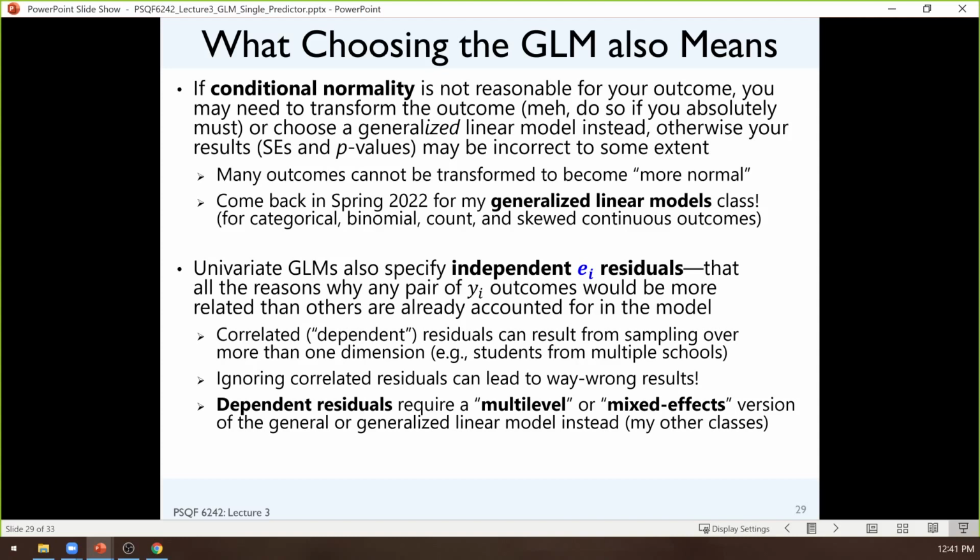As another example, treatment versus control might be a manipulated condition. But if you're doing school research, you may have, say, 10 treatment schools and 10 control schools. Well, then the kids from the same school, even after you control for whether it's a treatment or control school, are probably going to be more related, because not all treatment schools are equal and not all control schools are equal. So that's when you'd have to worry about that as well.